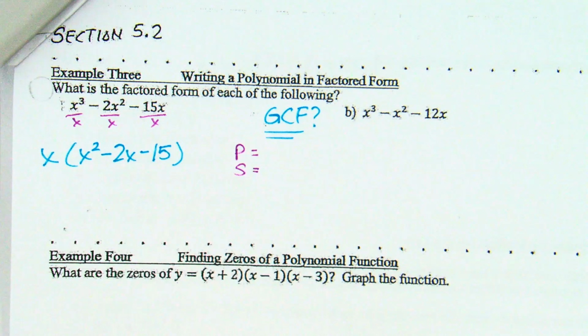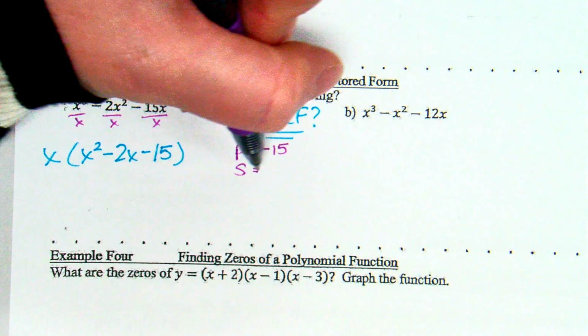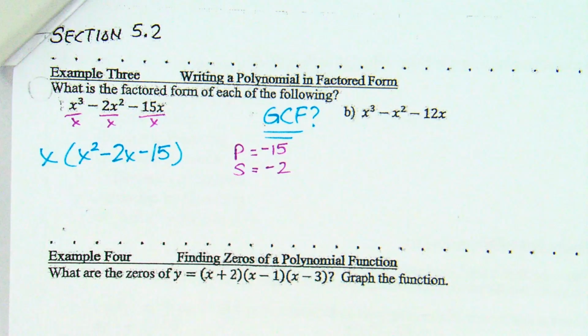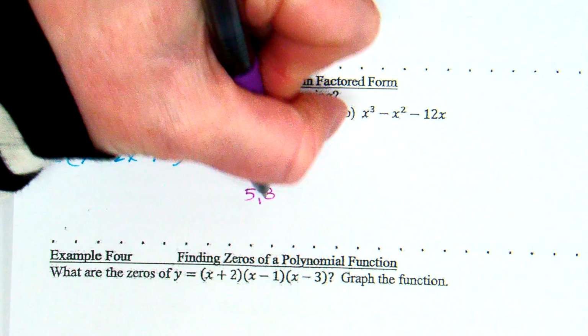Product of negative 15 and a sum of negative 2. Is it possible to get a product of negative 15 and a sum of negative 2? So it's a combination of 5 and 3.